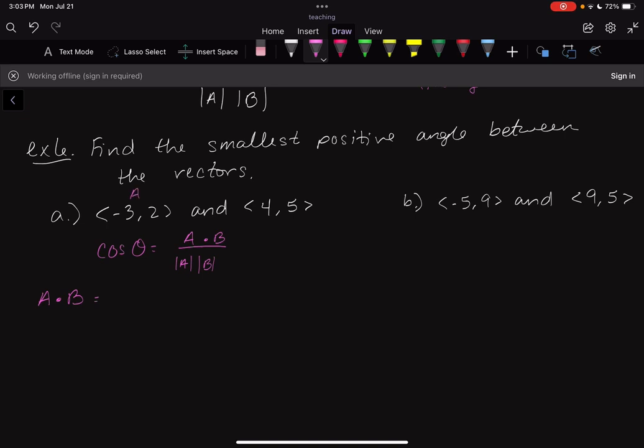We'll call this one A and this one B. So for A times B, remember I would multiply the x's. You should take a minute and definitely try this on your own. Plus, multiply the y's. So this gives me -12 plus 10, so -2.